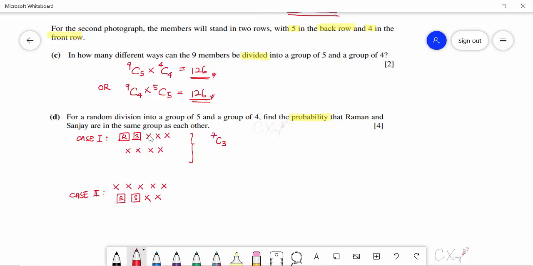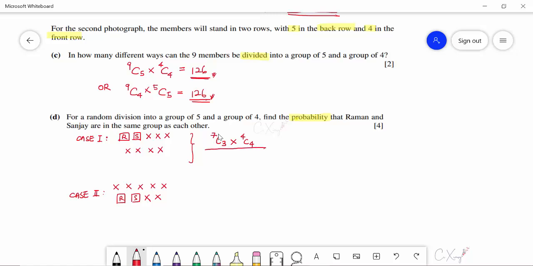Why is it 7 but not 9 now? Because Raman and Sanjay are already excluded from the members because we already put them in the group. So total have 9 members and we don't want to pick Raman and Sanjay anymore. Therefore, the total becomes 7 only. So it becomes 7C3 and the remaining 4 persons, you will put them into the front row. So 4C4.